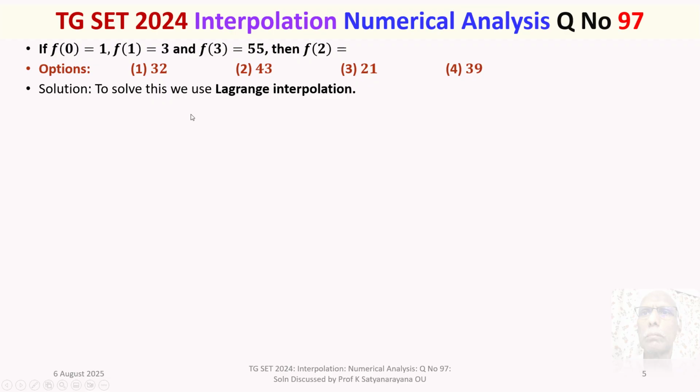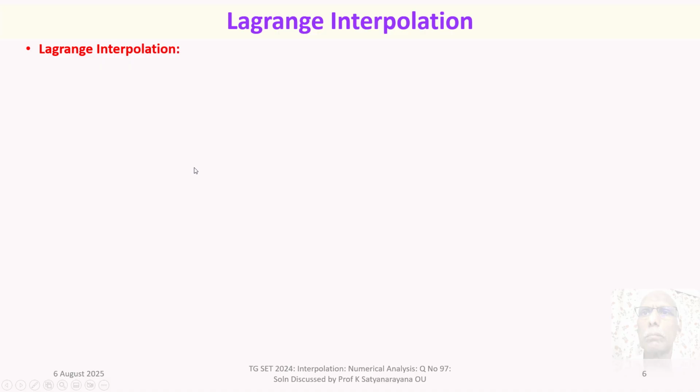To solve this problem, we use the Lagrange interpolation. For those of you who are not familiar with the Lagrange interpolation, I will give you a brief introduction. Consider the following data values.